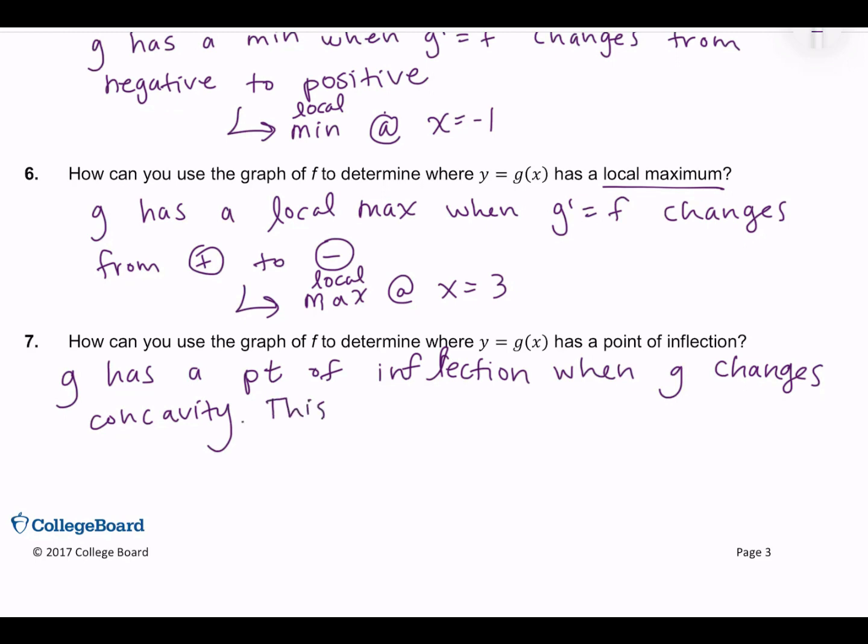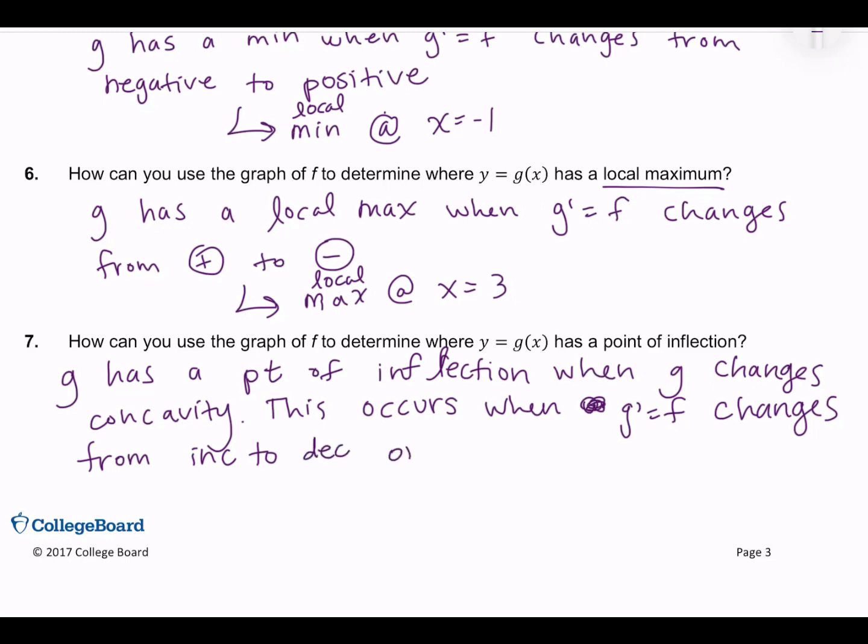This occurs when its derivative, so when g prime, which equals f, changes from increasing to decreasing or decreasing to increasing. So I'll just write increasing, like INC, that means increasing to decreasing, or decreasing to increasing.